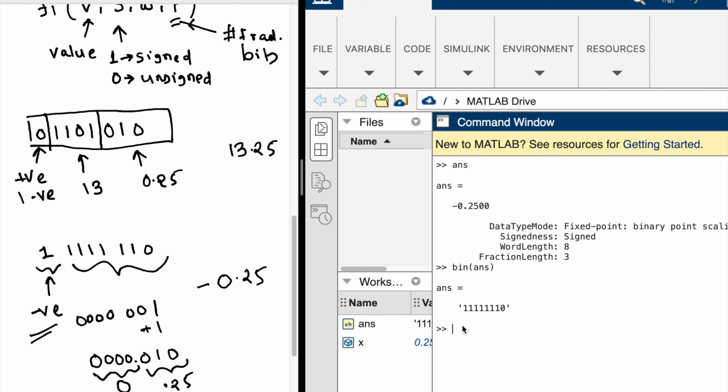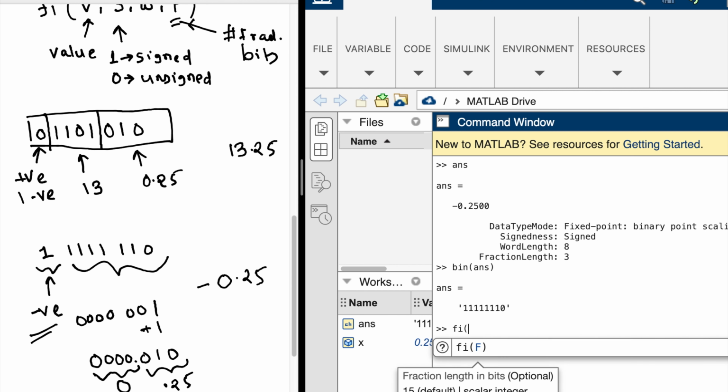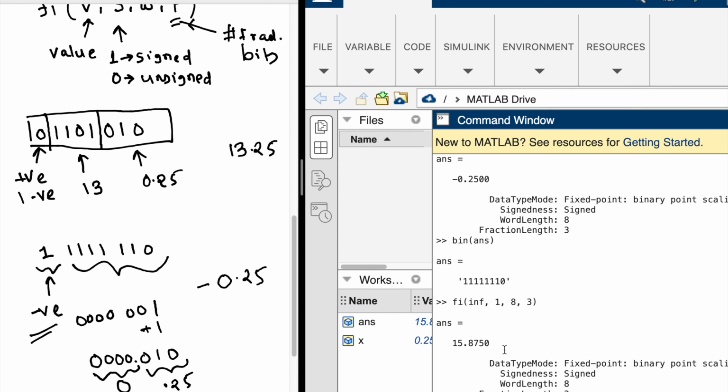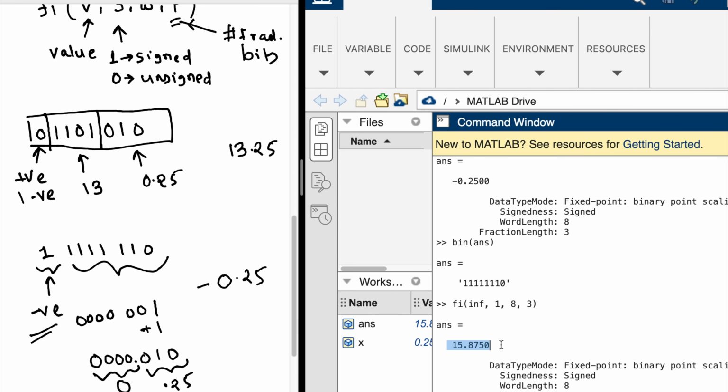Now, there is one thing that I would like to mention here. We talked about the maximum and the negative value that we can represent. This is the maximum value that we can represent with this 8-bit word, where 8 bits are the total number of bits and 3 bits are the fractional bits.